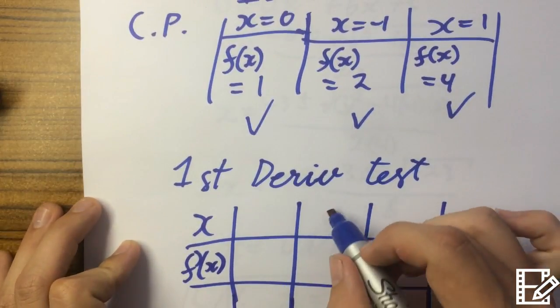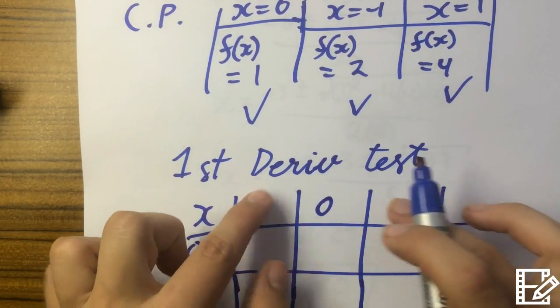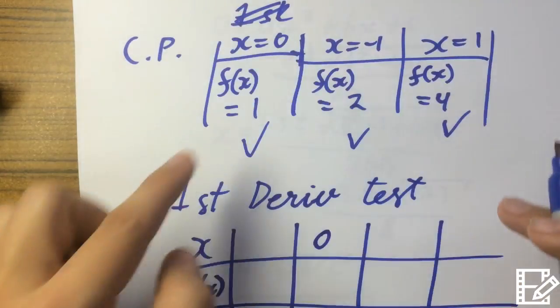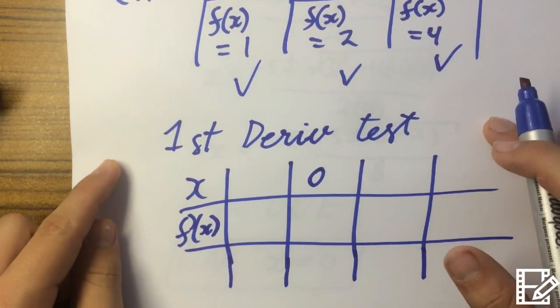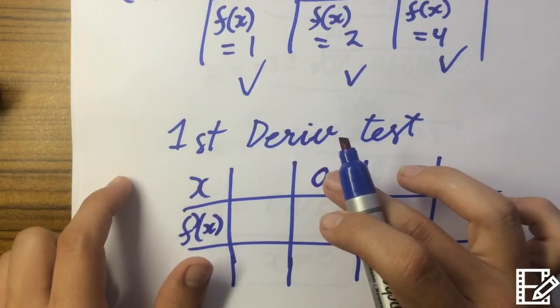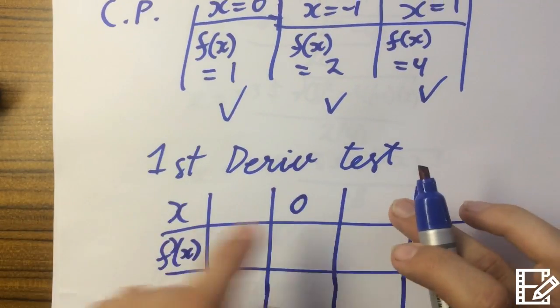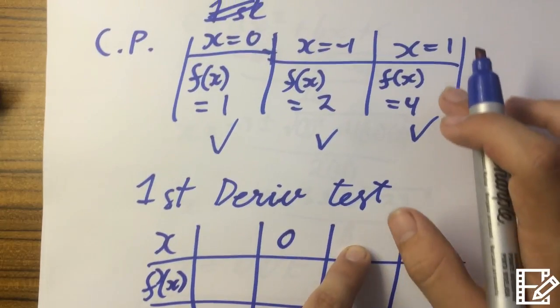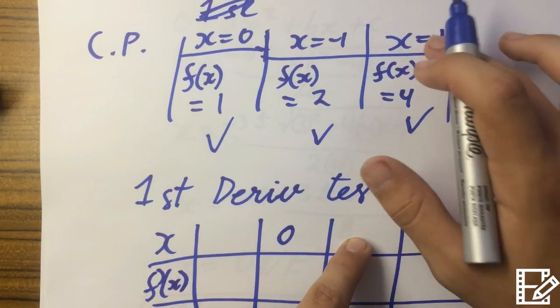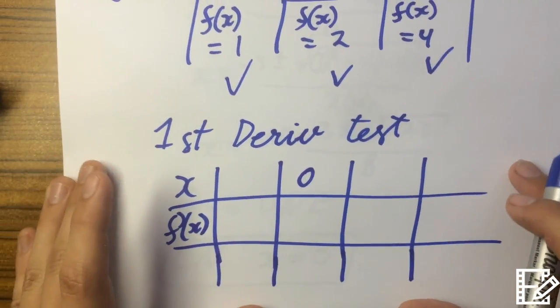And I'm only going to put 0 in here and find what's going on either side of 0. I'm not going to put these endpoints in because I know they stop there. So if this is negative, I know it's going down from 0 to the x equals -1 direction, and I know if it's going up here, it means that it's going upwards in this direction. There's no point putting these in, it just takes up space.